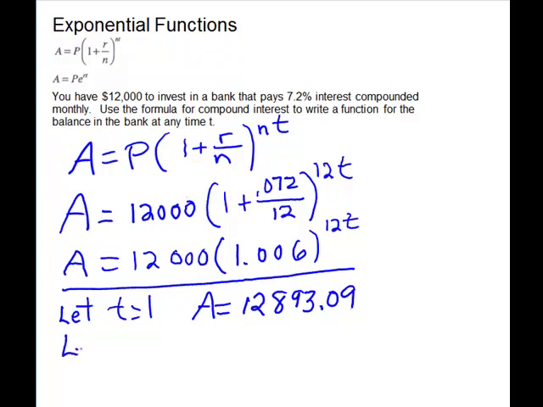And I'll give you one more, and you can check it on your calculator. If we let t equal 5, use the same formula, except we're going to put a 5 here. So 12 times 5 is 60. So you're going to do 1.006 to the 60th power times 12,000, and the answer I get is 17,181.454.